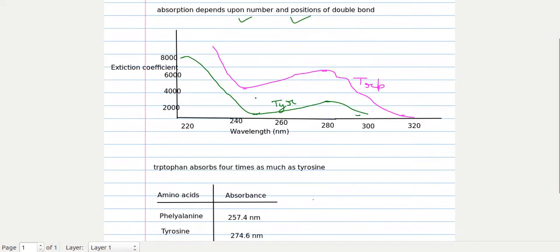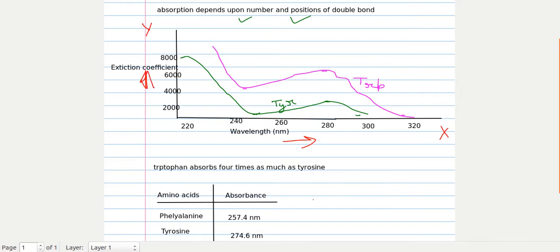So here is a graph which shows the absorption of the tyrosine and tryptophan. Let me switch some color and then I will tell you. You can see here on the x-axis there is the wavelength, and on the y-axis there is the extinction coefficient.